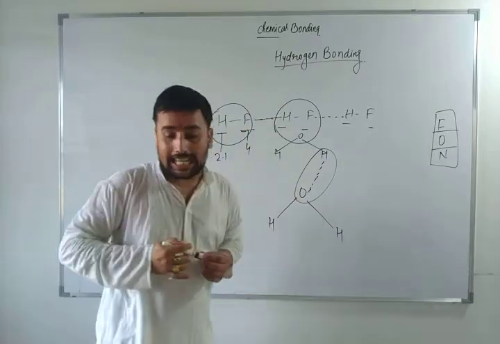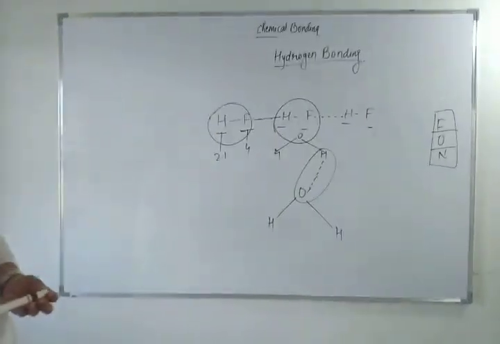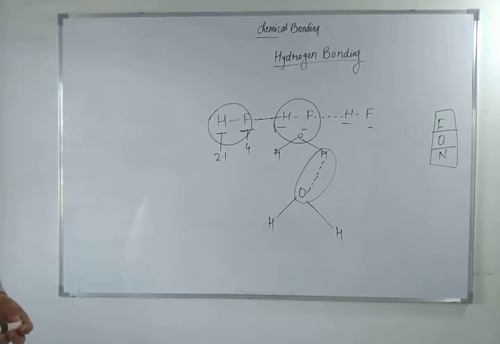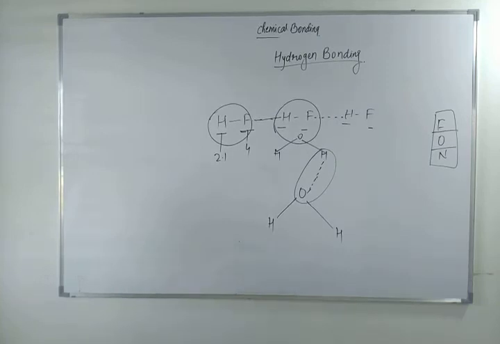If you want to understand the concept, just listen to what I am saying about hydrogen bonding. Remember this concept about hydrogen bonding. Whatever I speak, just try to write in your notebook. A hydrogen atom is bonded to a highly electronegative element by a covalent bond. The bond pair of electrons is displaced towards the electronegative atom. When the solitary electron of the hydrogen atom lies away from it, the nucleus gets exposed and behaves as a bare proton.